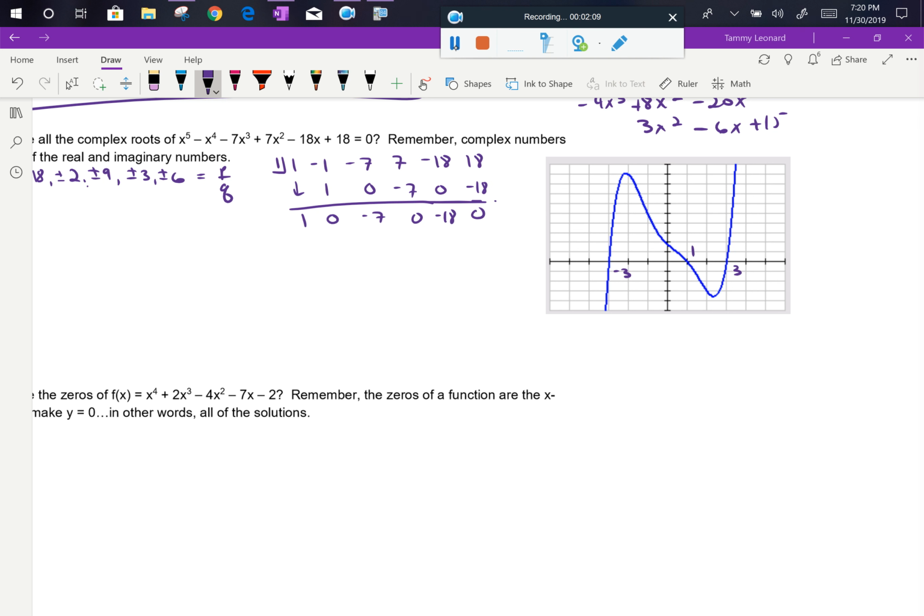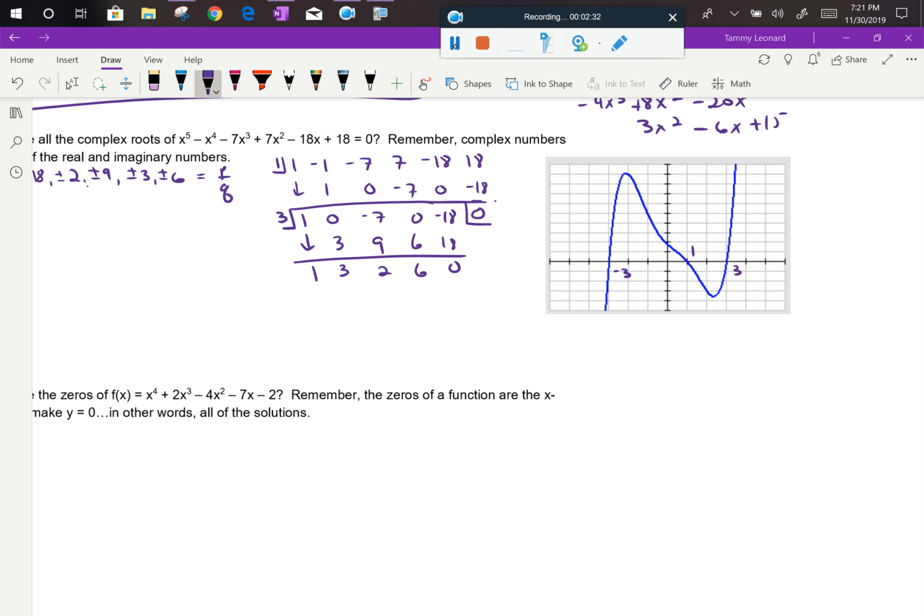we see that we do come out with a remainder of 0, which confirms our suspicion that 1 was one of the solutions. Then I would try 3 because 3 is a positive number, and positive numbers are a little easier to divide by than negative numbers. So again, we're going to do our synthetic division.